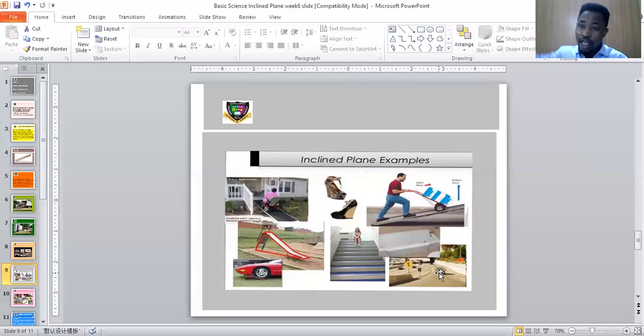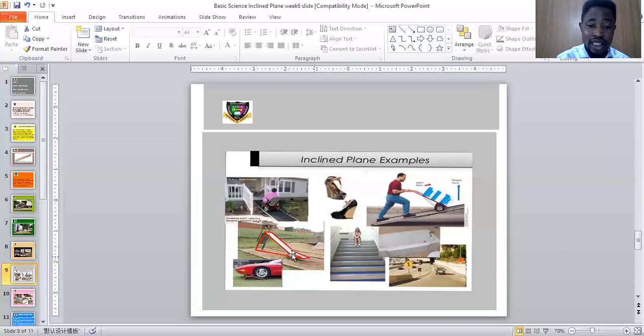If you're trying to ascend that bridge, the starting point goes way up. Oh, sorry, I said a pulley. It is an inclined plane. It goes way up, so that is a perfect example of an inclined plane.